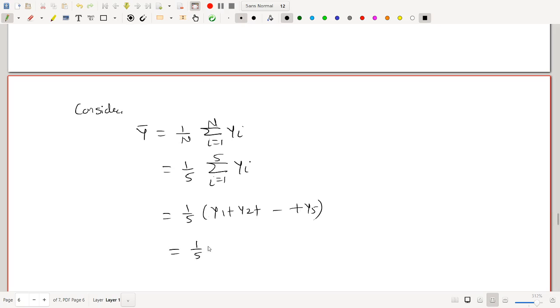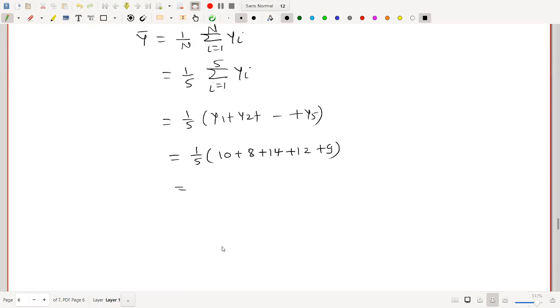And this is 1 upon 5, y1 is 10, y2 is 8, y3 is 14, y4 is 12 and y5 is 9. Add this one. So this will be 53 divided by 5 and this is again 10.6.